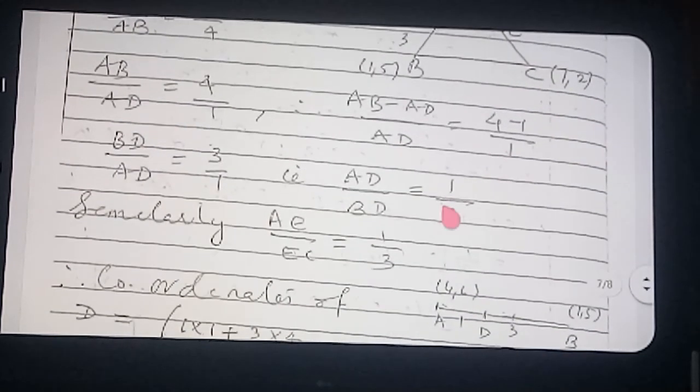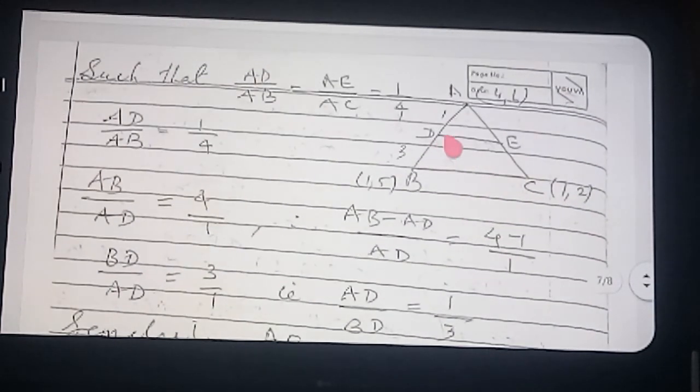Therefore, you can find out the coordinates of D and E. Are you clear? So first find the coordinates of D and E. If you get the coordinates of D and E, then only you can find the area of triangle ADE. And ABC you can find because the vertices A, B and C are known. Your question is to find the area of triangle ADE and ABC and compare.